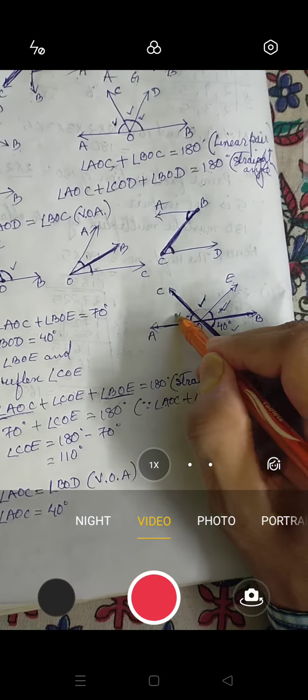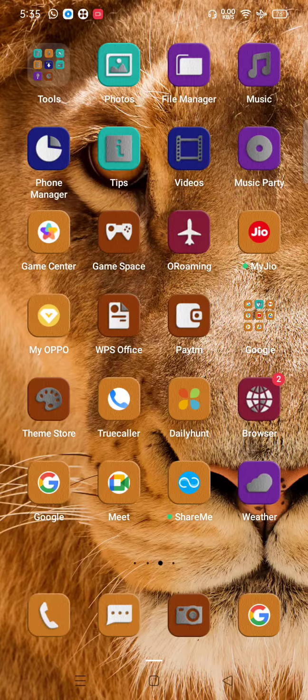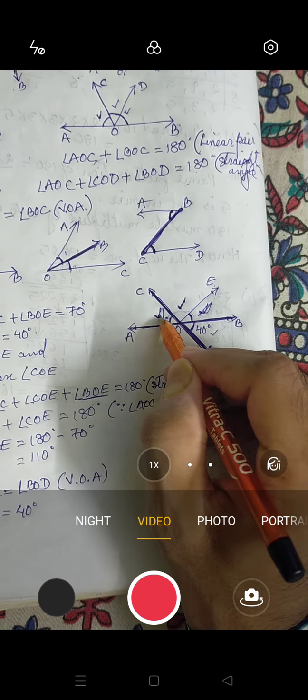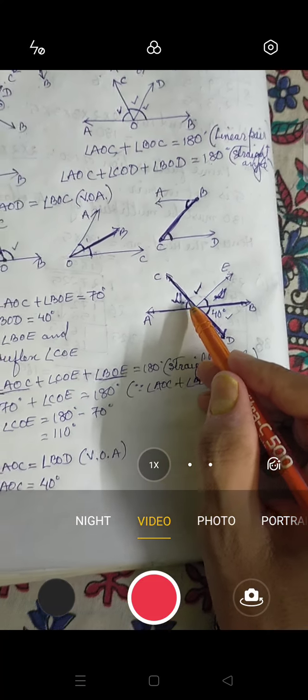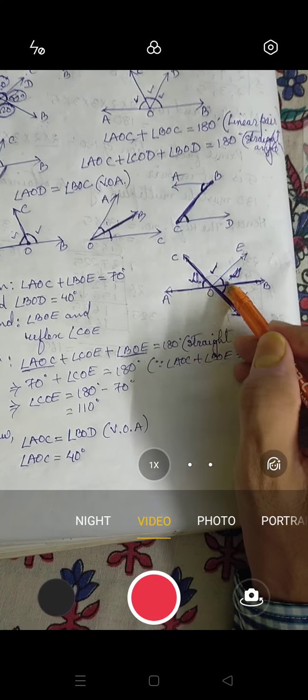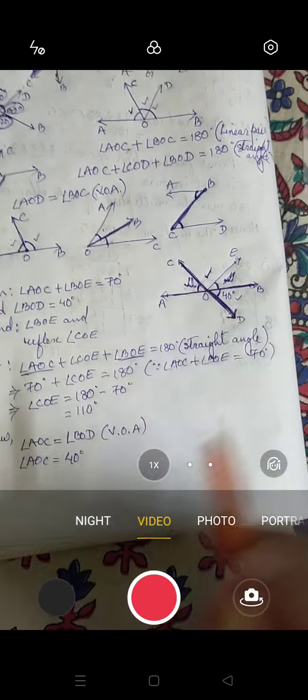But we know that if we add this angle and this angle, what will we be getting? Already it was given in the question, if we add this angle and this angle, we will be getting 70 degree.